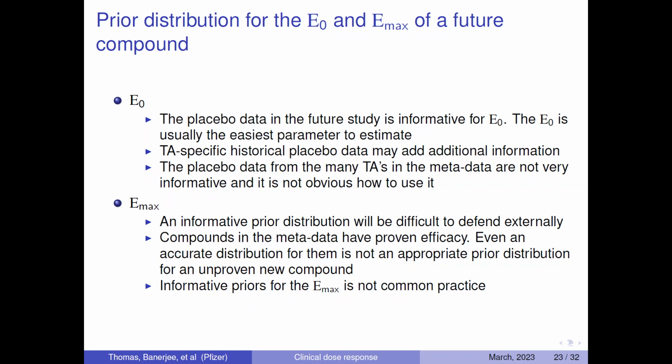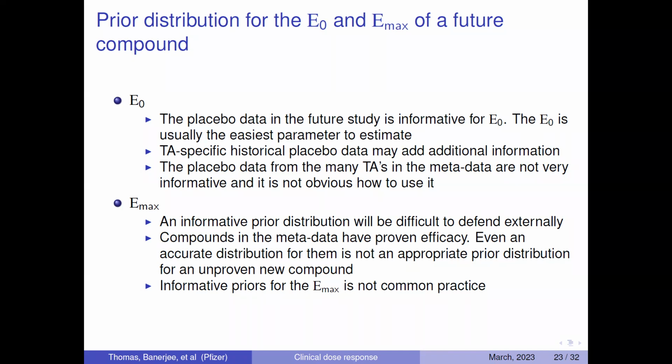The reason for not using the metadata here to try to inform effect size is that, and I didn't say this explicitly, but you may have noticed this by now, the compounds in the metadata have proven efficacy. Now, there's a couple of good reasons that I won't go over now, but one of the consequences of that is even if we had a really good distribution for the effect size across the compounds in the metadata, that still wouldn't be a good prior distribution for a future compound, which is going to be unproven, or at least far less proven than the compounds in the metadata.